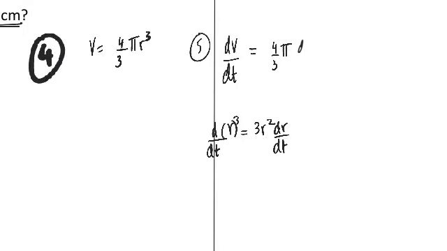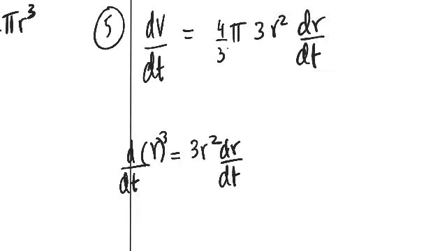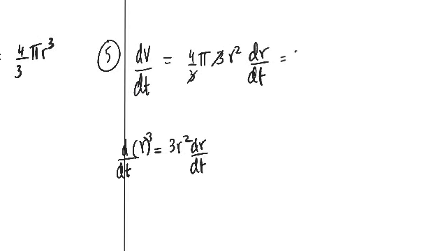So this becomes 4/3 pi times 3 times r squared times dr/dt. You want to simplify this equation as far as possible at this step. So we get 4 pi r squared dr/dt for our dV/dt.